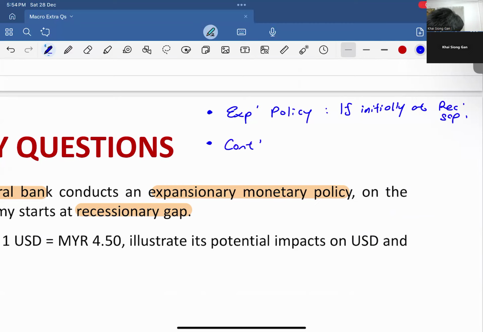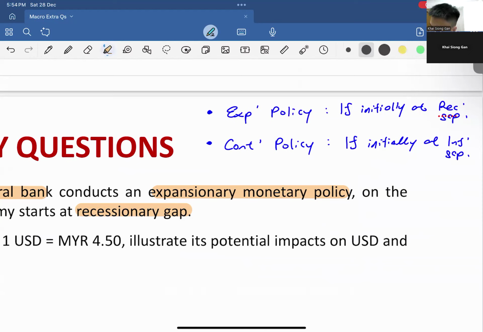The government will use contractionary fiscal or monetary policy if the country is initially at an inflationary gap. The country is over booming, and therefore the government will have to step in to slow down the economy over here. So this is something that you can assume if the question does not provide any assumption.